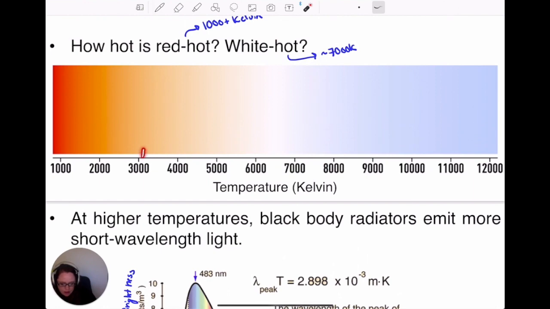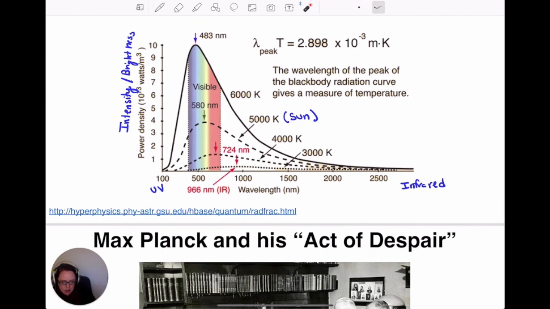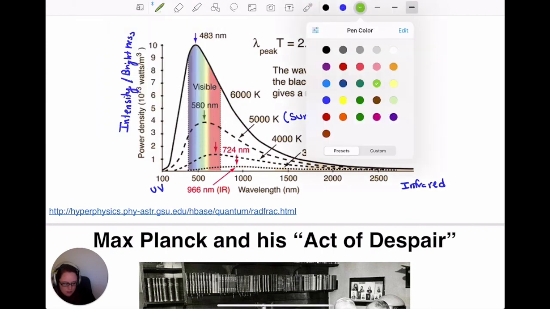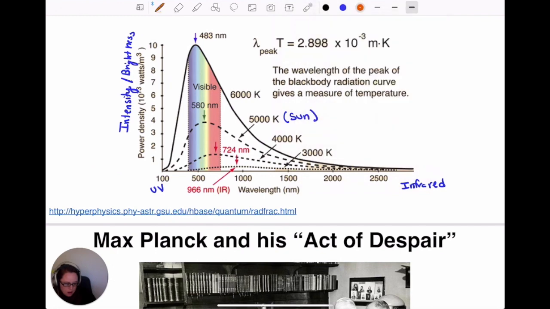So at 3,000, we're going to be seeing those red and orange wavelengths of light. But most of the radiation that's being emitted is going to be in the infrared. So that's going to be sensed as heat to us.